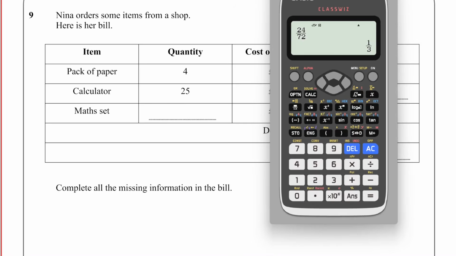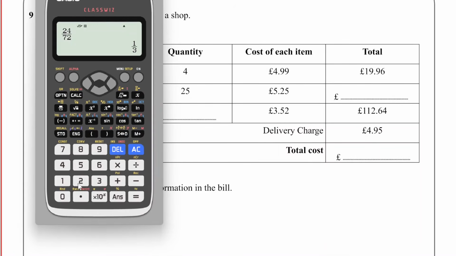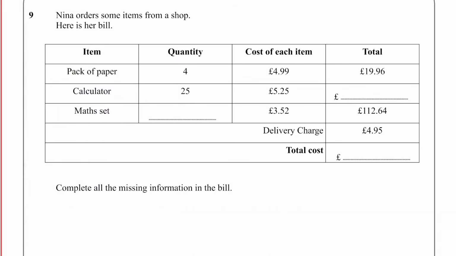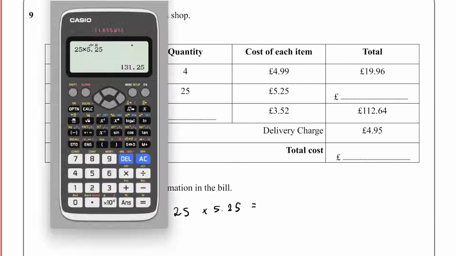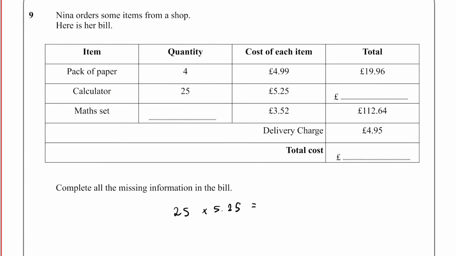So we need to do 25 times £5.25. And we get, as a decimal, £131.25. So 25 times £5.25 is £131.25.